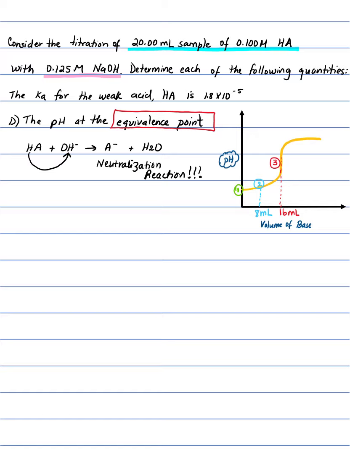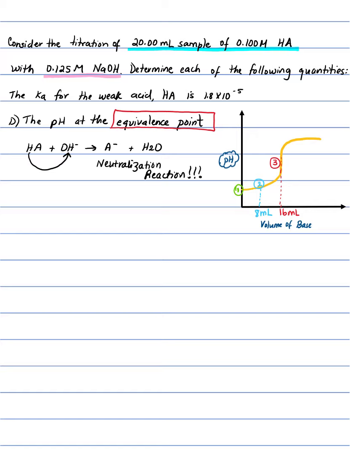Every mole of the acid that reacts is giving you a mole of the conjugate base. You see your acid is HA, so if the acid is losing the proton because it's being transferred to the hydroxide to form the water molecule, what you have left is the conjugate base of your acid, A minus. So if you start with 0.002 moles of the acid, at the equivalence point, you don't have any more acid because the acid is neutralized by the base entirely.